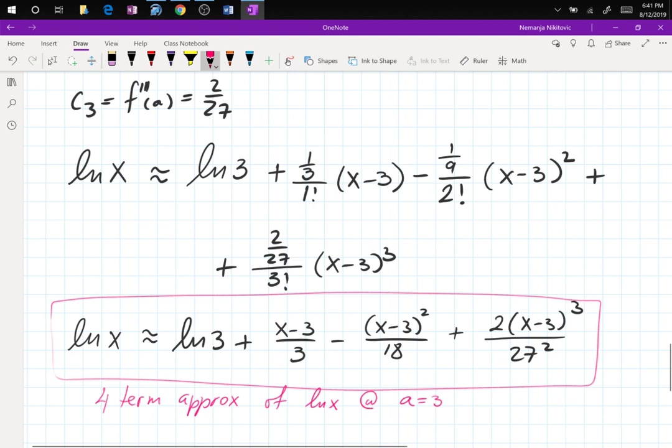Now we can test this on Desmos. Let's say you care, you want to practice at home, right, to see if your calculations made sense.